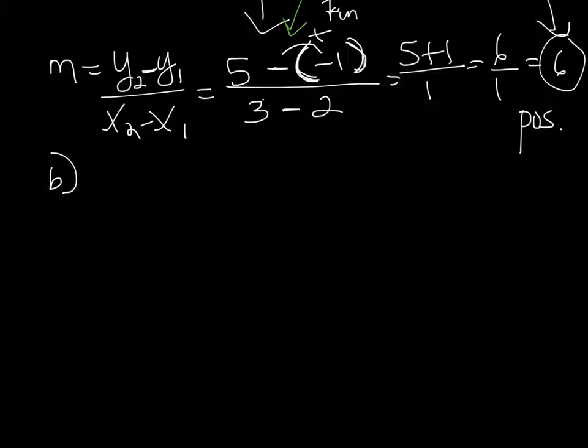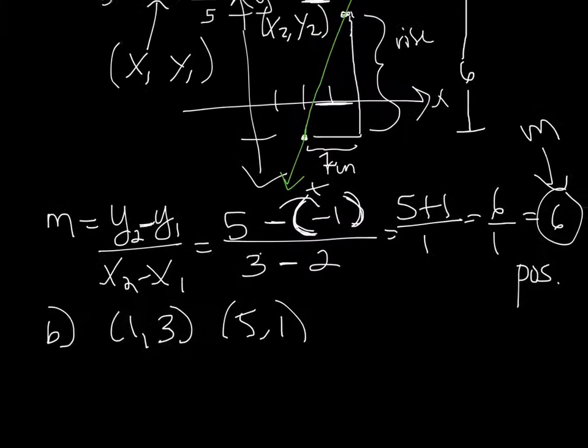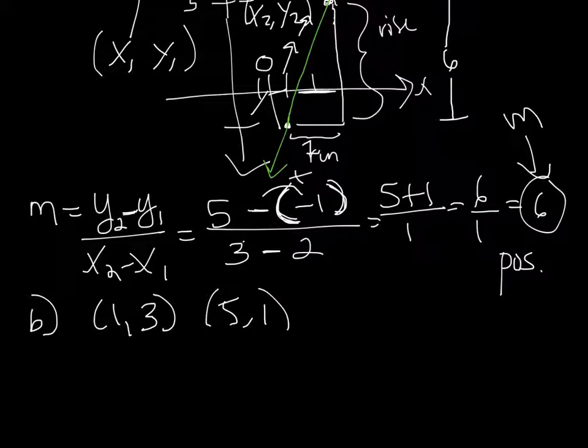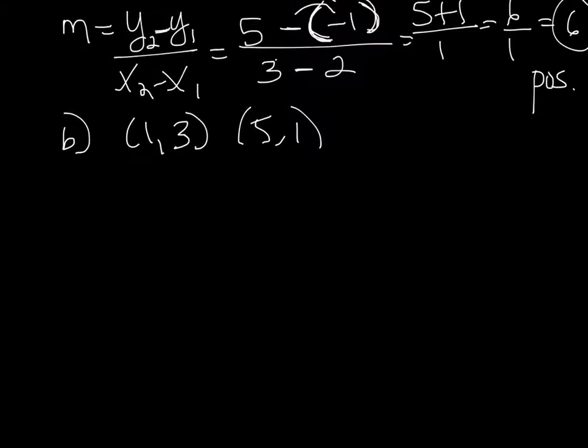B is (1, 3) and (5, 1). One thing I want to mention: the slope is positive, so if you are standing on this line and moving from left to right, you're going up. So the line is increasing. That's a nice way to verify that it makes sense.